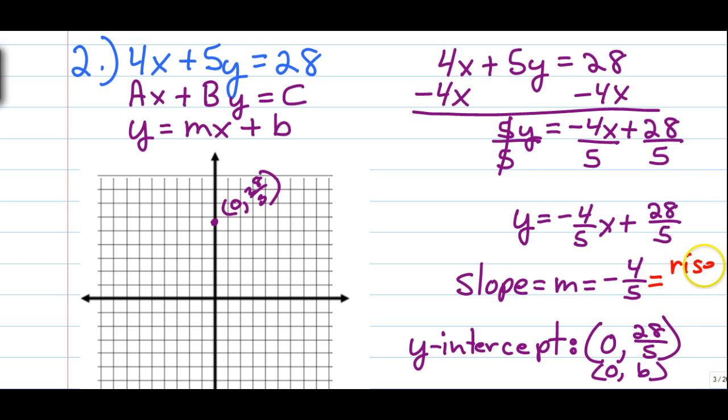So we'll start at our point and drop down 4 places. 1, 2, 3, 4. Now we're going to run 5 places. It's a positive number, so we'll go 5 to the right. 1, 2, 3, 4, 5, and we have our next point. Now we can place our line.